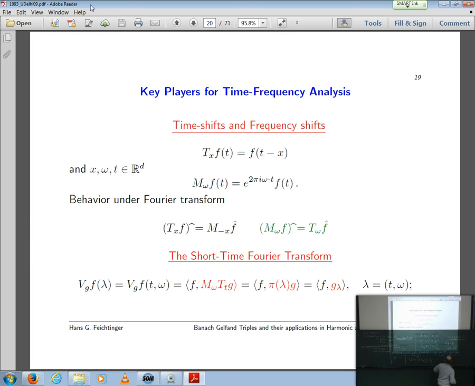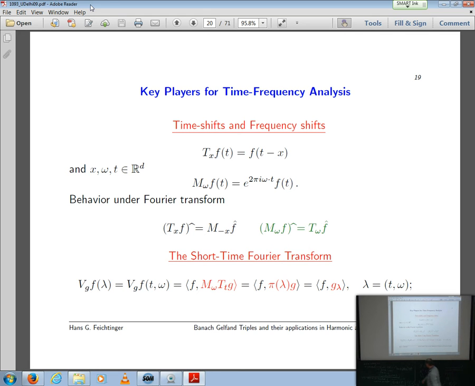Now, the concrete thing is the function space S_0, and it comes through time-frequency analysis. The key players in time-frequency analysis are time shifts and frequency shifts, which commute, and especially the short-time Fourier transform. The short-time Fourier transform is correlating: f is the signal that we want to analyze, and we correlate it against typically a Gauss function or a Schwartz function that is moved around in the time-frequency plane.